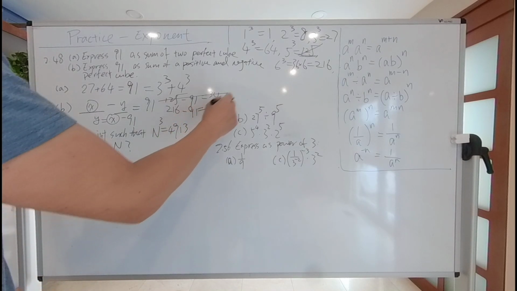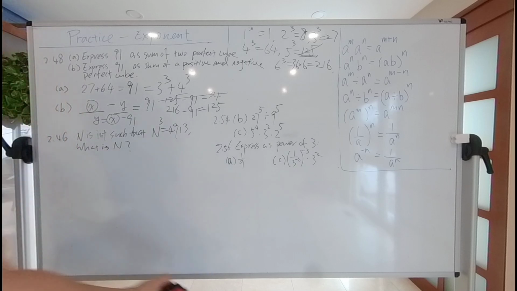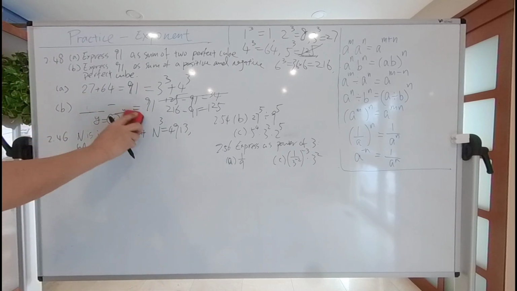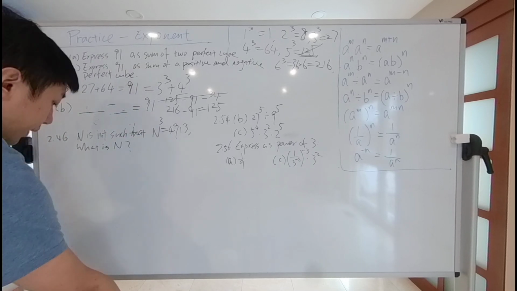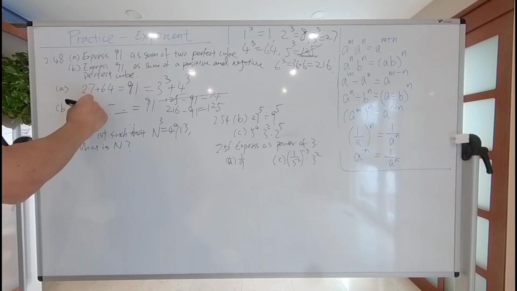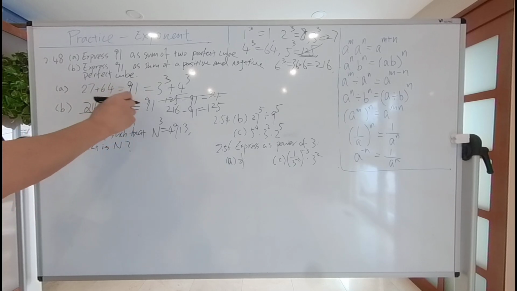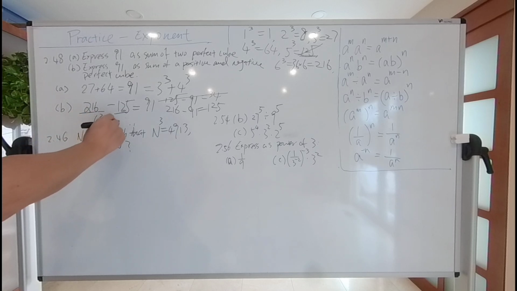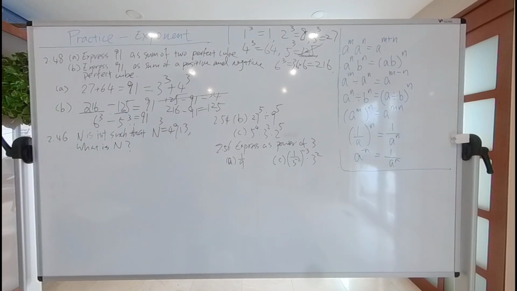And yes, 125 happens to be 5 cubed. So this means the first number is 216, subtracting 125, I get 91. This is the difference between two perfect cubes, 6 cubed minus 5 cubed equals 91. So this is how we solve this question.